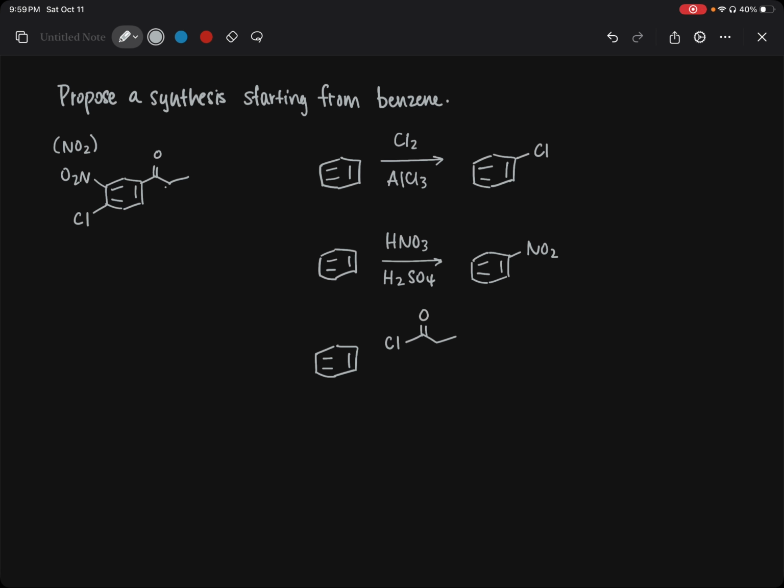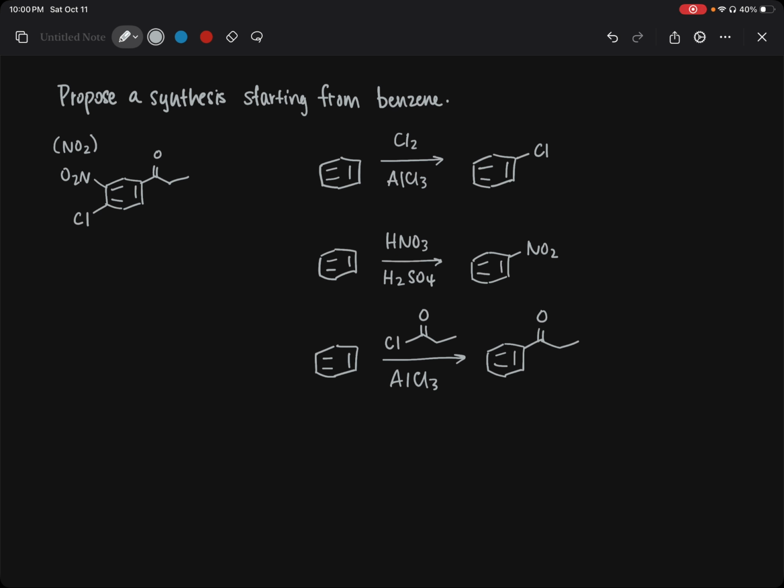So we're adding a group with 1, 2, 3 carbons. This acid chloride or acyl chloride needs to have 1, 2, 3 carbons. All right, so that's good. And like the chlorination reaction that we've done up here, the catalyst is going to be AlCl3, aluminum chloride. So that's how we attach that group.